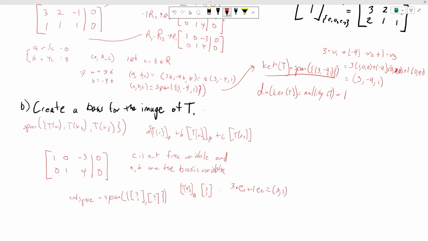And my second vector is going to give me 2e1 plus 1e2, which gives me 2, 1. So now my image of T is going to equal the span of 3, 1, 2, 1.